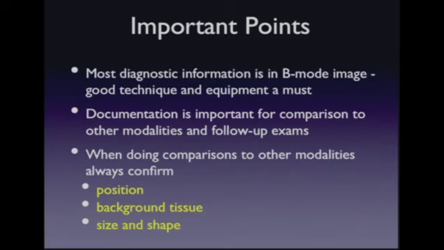By that I mean if you have a mammogram and the lesion is in fatty tissue, you should also find the lesion on ultrasound in fatty tissue. And again, correlate the size and shape of the lesion; it should be the same on both modalities. And if they're not, you have to be concerned that the lesion that you have does not correspond to the lesion on the other modality.